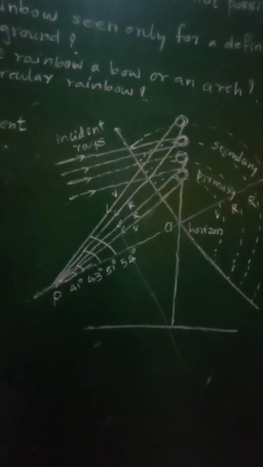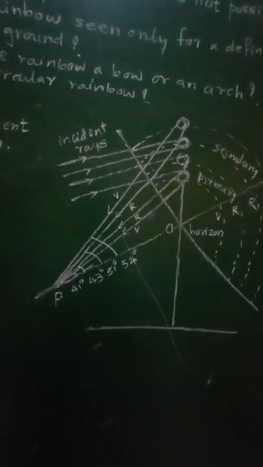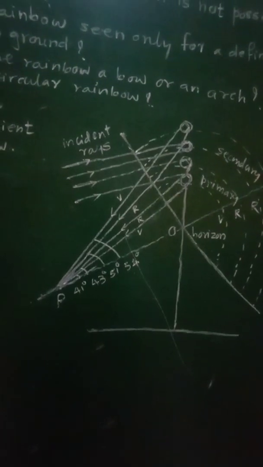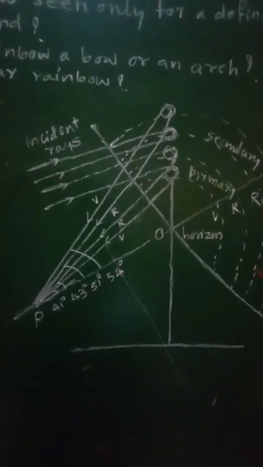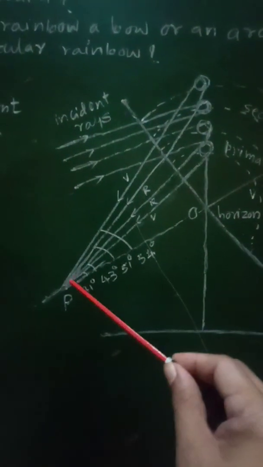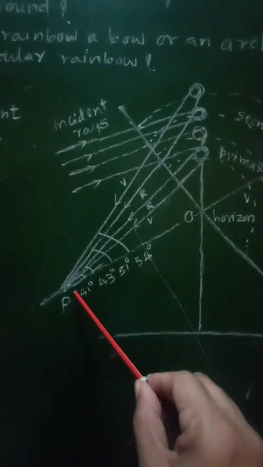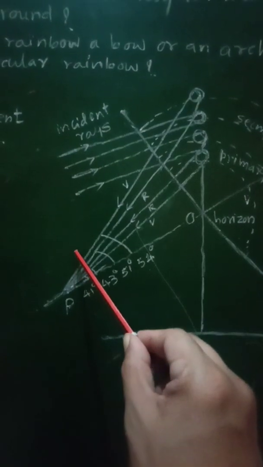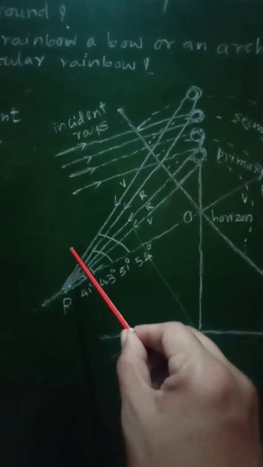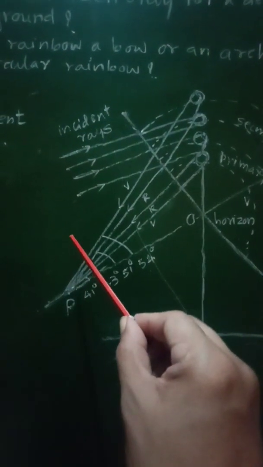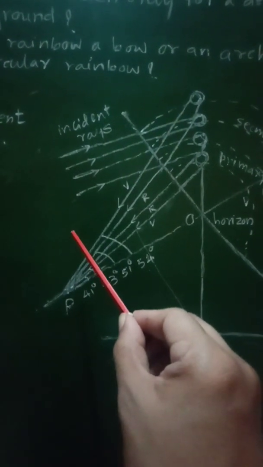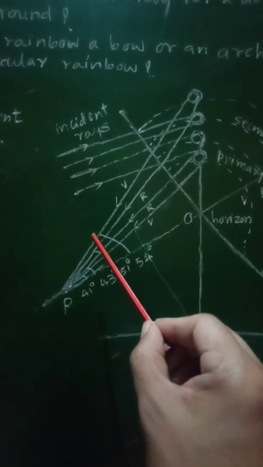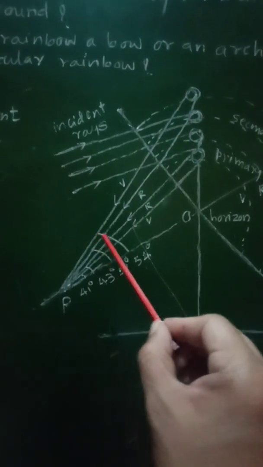So after a certain minimum elevation, the entire circle for all the cones is visible. So if initially the observer is here at point P, when he moves up, that is, through an aeroplane when it is flying, at that time a complete circular rainbow will be observed.